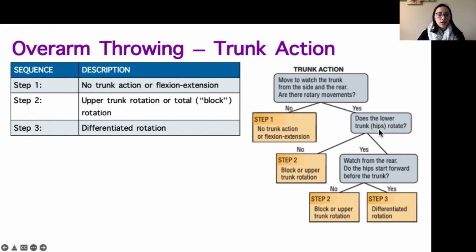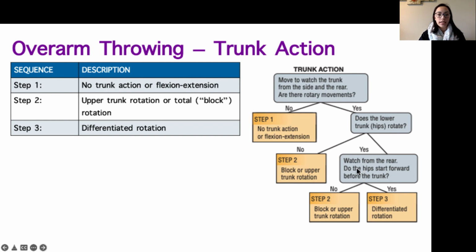Sometimes the lower trunk may rotate. From there, we then ask, do the hips start forward before the trunk? So is there a differentiation between lower trunk movement and upper trunk movement? If the answer is no, in both of these cases, you either have block rotation or upper trunk rotation. So no to this first question is more of the upper trunk rotation.